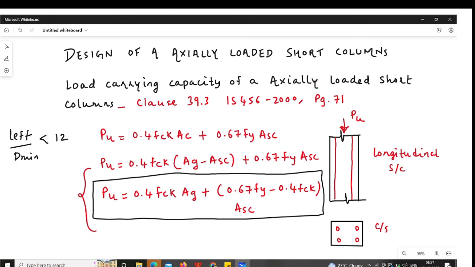We know how to decide the short column. L effective by D minimum, least lateral dimension, should be less than 12. And how to decide the axially loaded column?